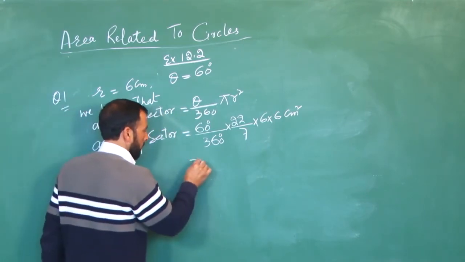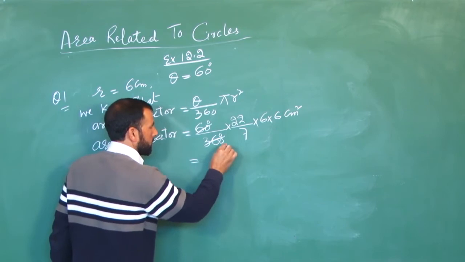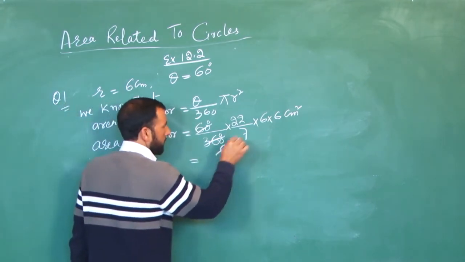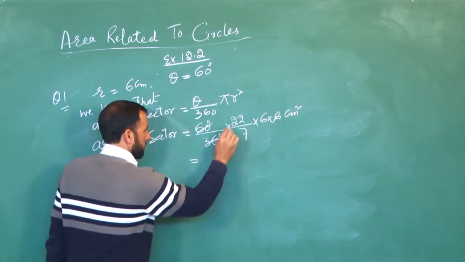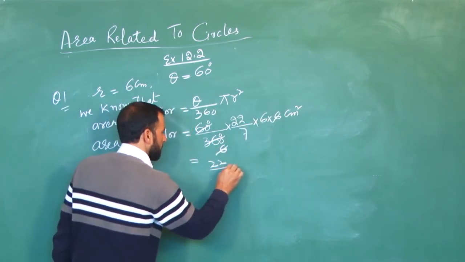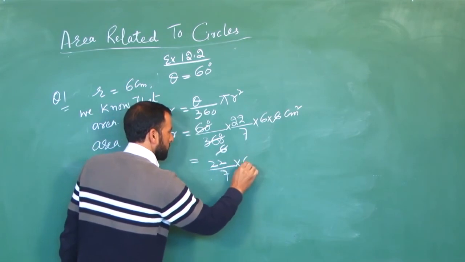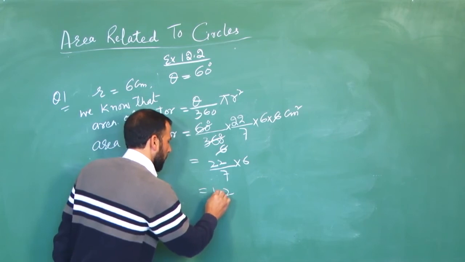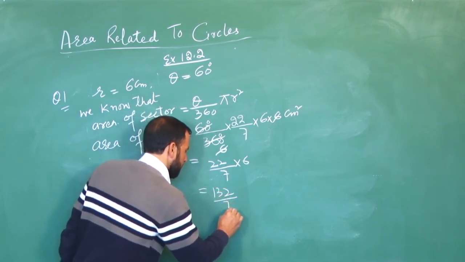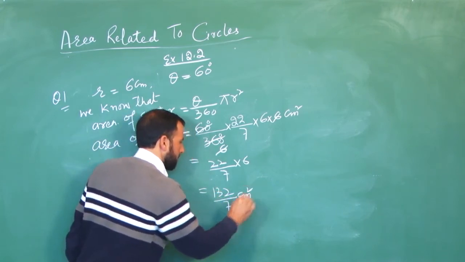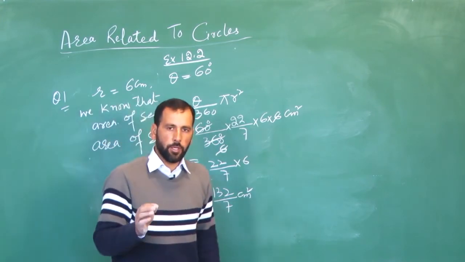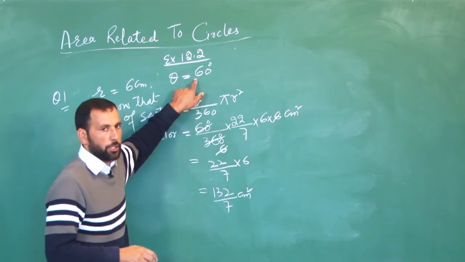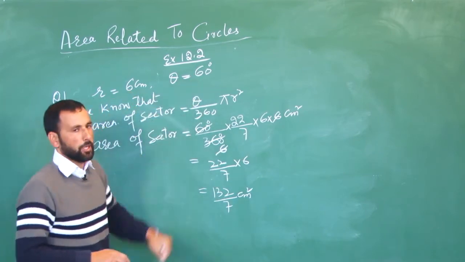That equals 60 into 6 into 6 over 360. Then this 6 and this 6 cancel. We get 22 divided by 7 into 6. When you multiply, you get 132 divided by 7 square centimeter is the area of the corresponding sector formed by the angle 60 degrees with radius 6 centimeter.